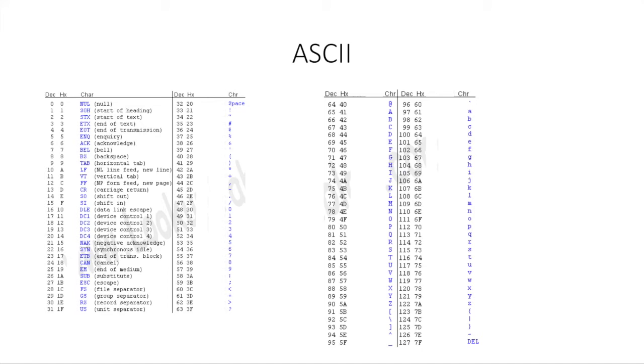Like the digit 0 in ASCII is 48 in decimal. It's not 0 in decimal, right? So the numbers don't match up with their binary representation when it's represented as a string in this ASCII character set, where we arbitrarily map these symbols to particular numbers.